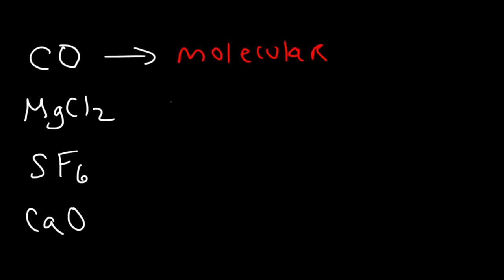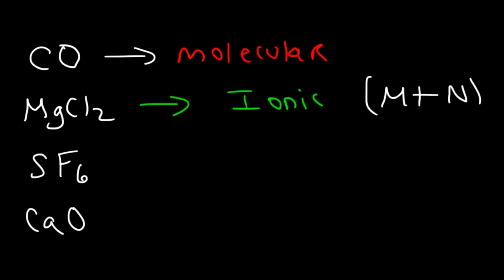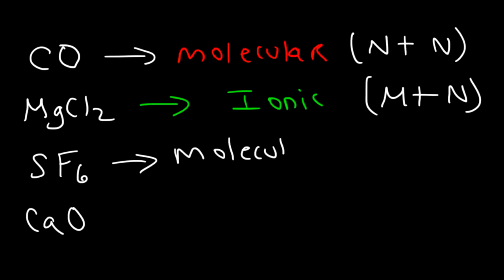Magnesium chloride is ionic because magnesium is a metal, chlorine is a nonmetal. Here we have two nonmetals. I'm going to use N for nonmetals and M for a metal. Sulfur hexafluoride, that's composed of two nonmetals. Sulfur and fluorine are both nonmetals. So this is going to be a molecular or a covalent compound.